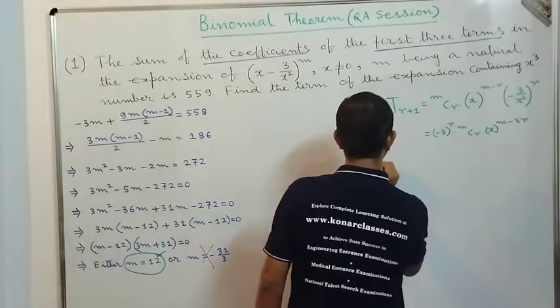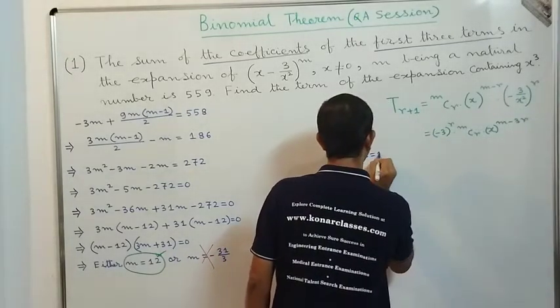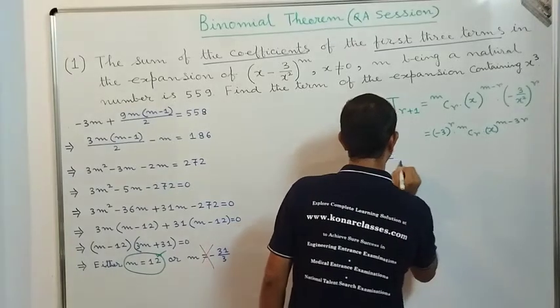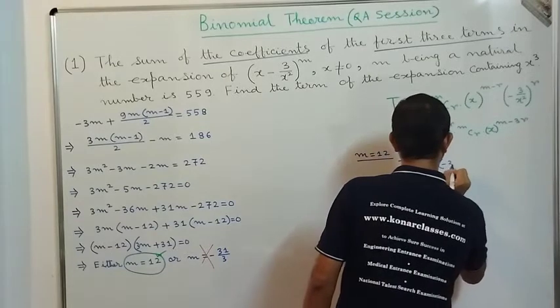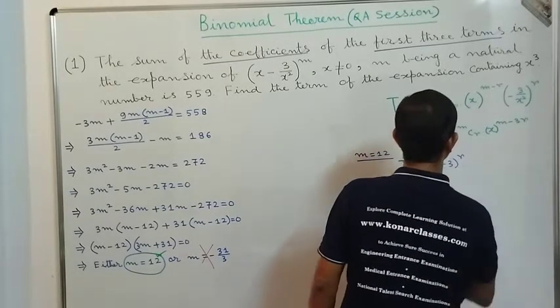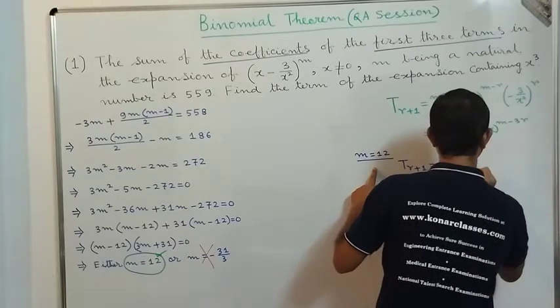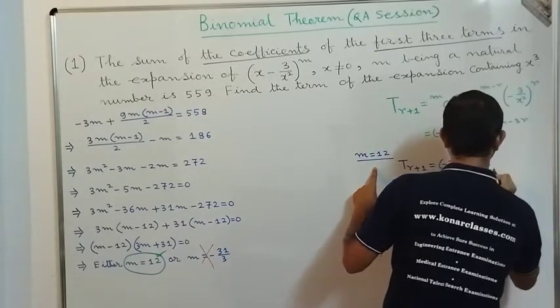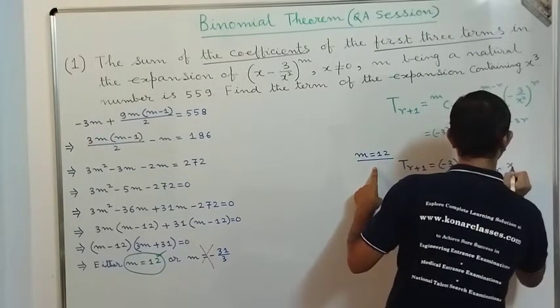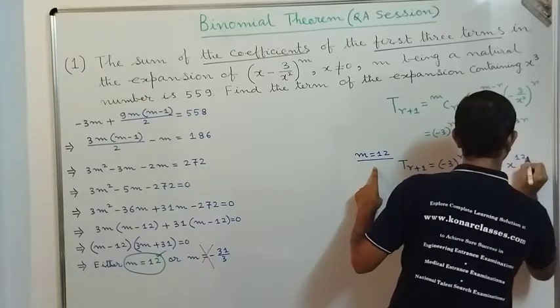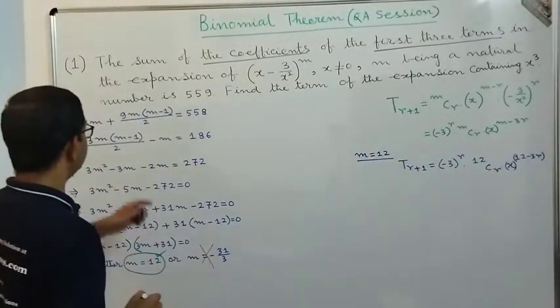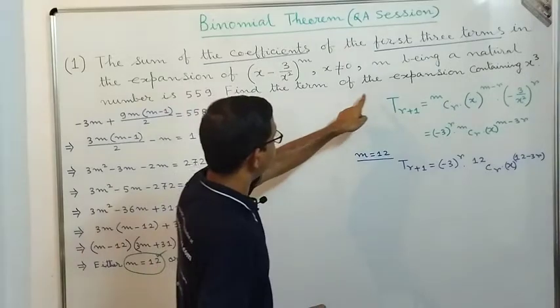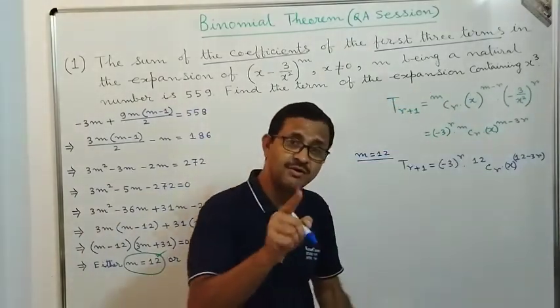So once we write m equal to 12, we find that T r plus 1 is equal to minus 3 power r into 12Cr into x to the power 12 minus 3r. Now let's look into the question: find the term of the expansion containing x power 3.